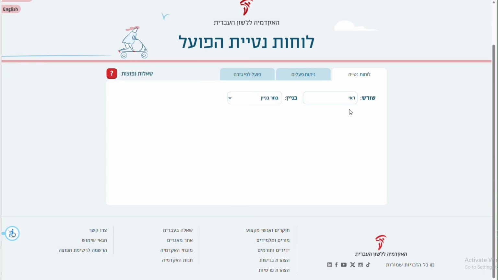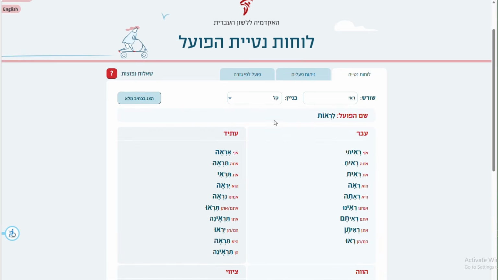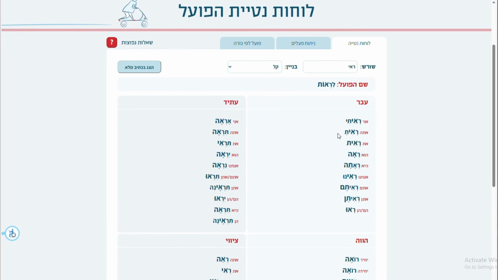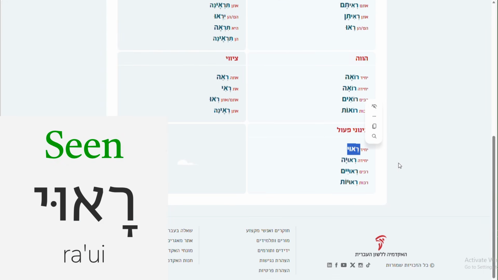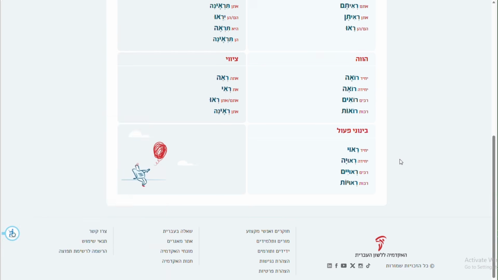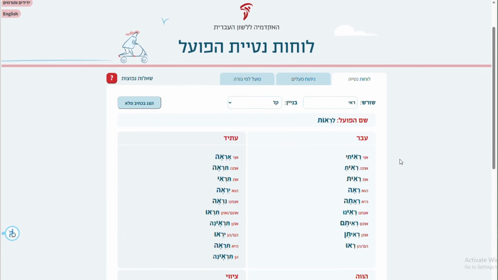With the root resh aleph yod in the kal, we can see some reasons why. In many forms of the past tense, the hey will change into a yod, as well as in the adjective form ra'ui, seen. There are other more complicated grammatical reasons for this as well, but remember to put a yod instead of a hey as the third root letter on this website.